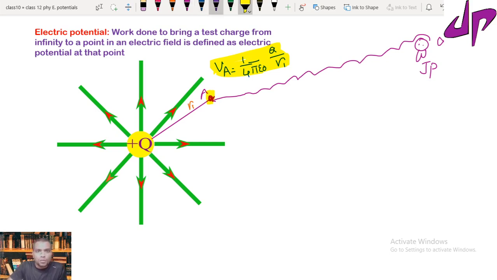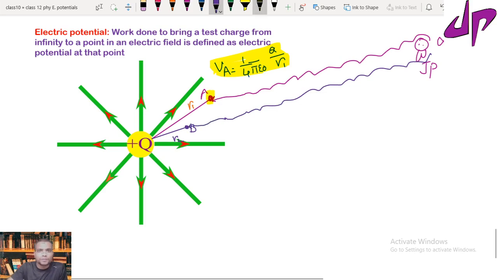Now if I change the location, let me take a location a little closer to the source charge. Let it be location B, point B, at a distance of R2 from the source charge. Whatever work is done by me to bring a test charge within the electric field to this point, we define again the same potential.